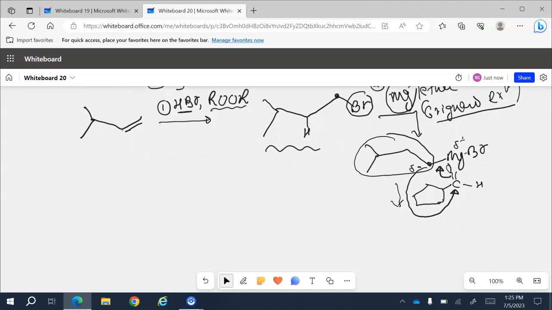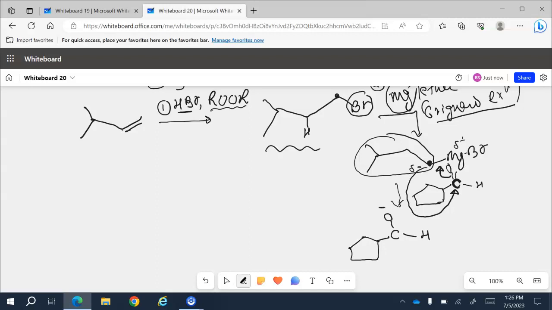Now this is where all students need to be very focused on the drawing of the product. This is the carbon that will be attached to the carbonyl carbon. My advice is just follow the structure of the molecule. Here you have carbon, and this hydrogen is as it is.